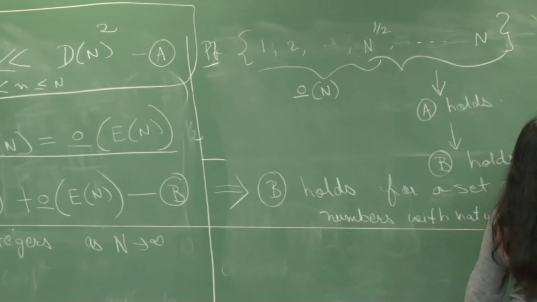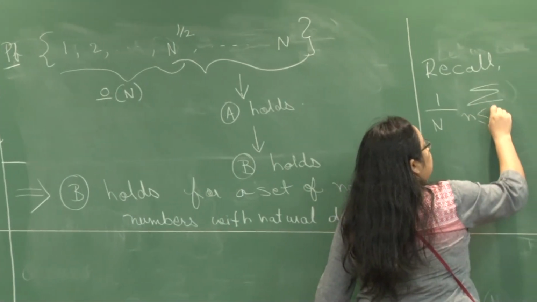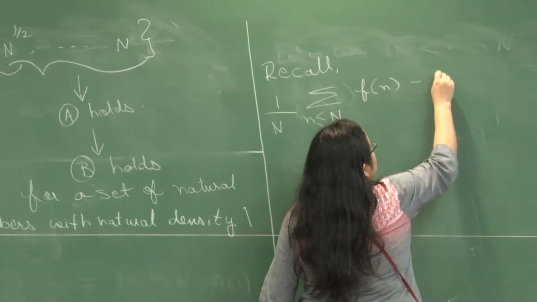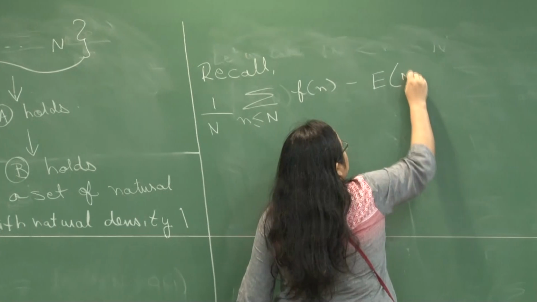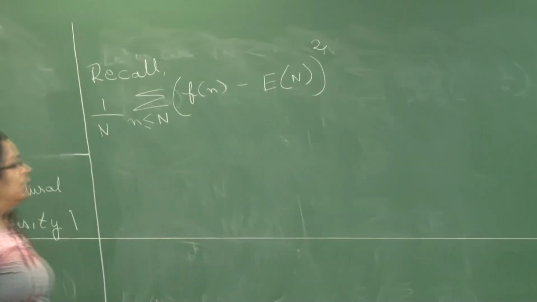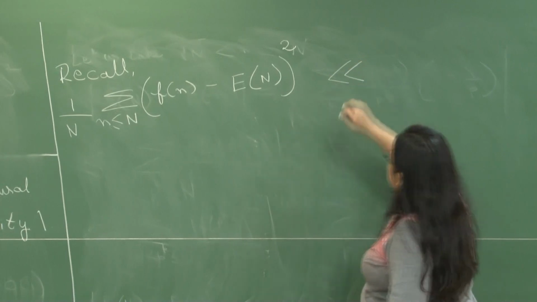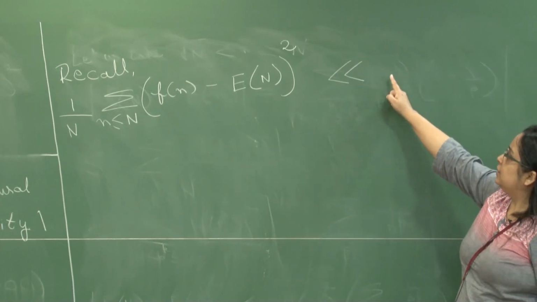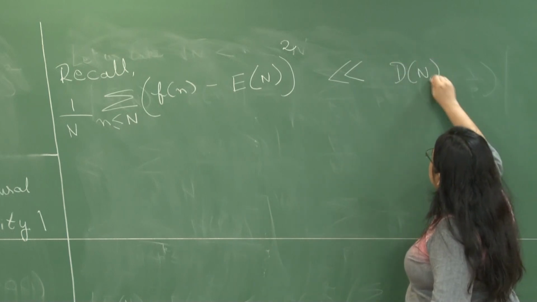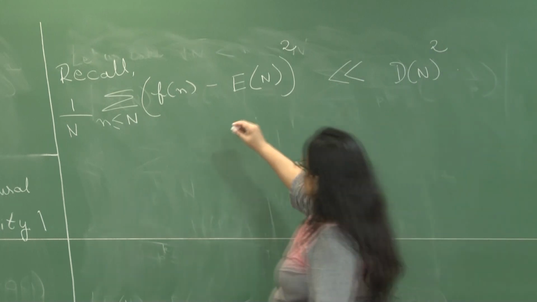What does it tell us? 1 over capital N summation n less than or equal to capital N, f of n minus E of capital N, whole square, is less than or equal to, or rather, if you are not worried about the constant, then it's less than d of n whole square, which we know.